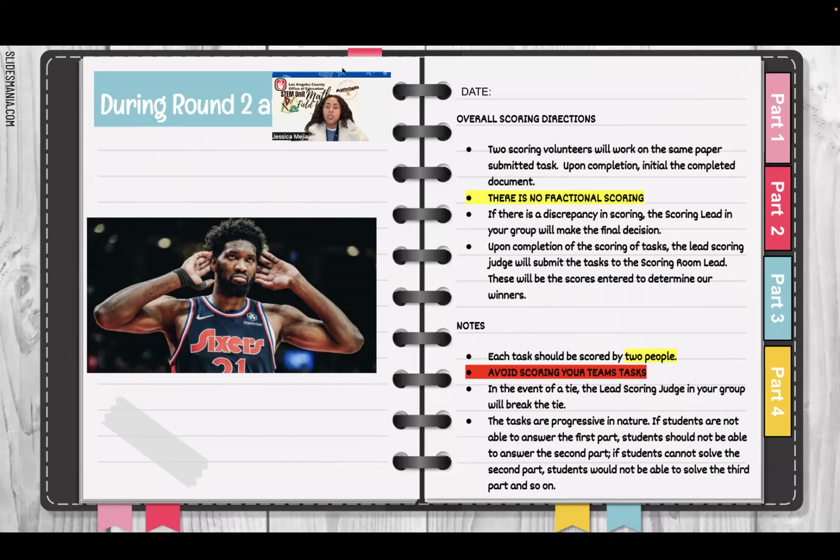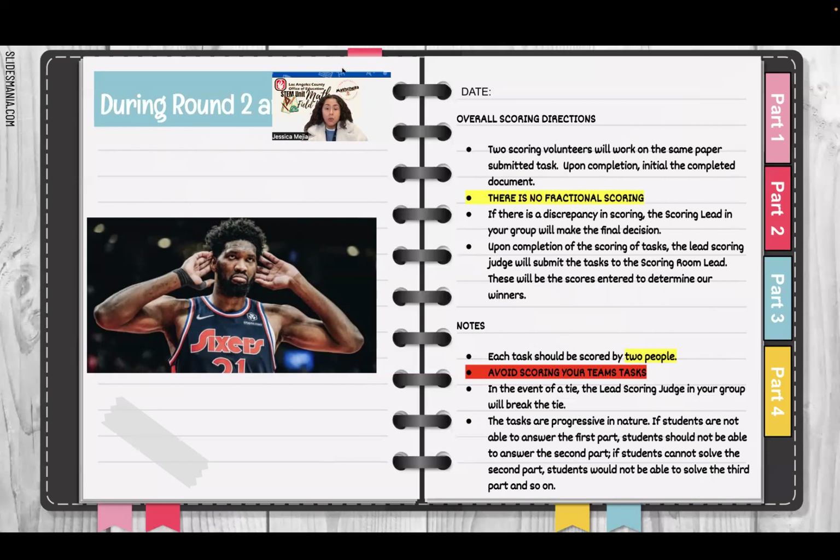So upon completion of the scoring of the task, the lead scoring judge will submit the task to the scoring lead. Once all of the tasks are scored and submitted, then that lead scoring judge will submit them to John, who is our scoring room lead. And then these scores will be entered to determine the winners.